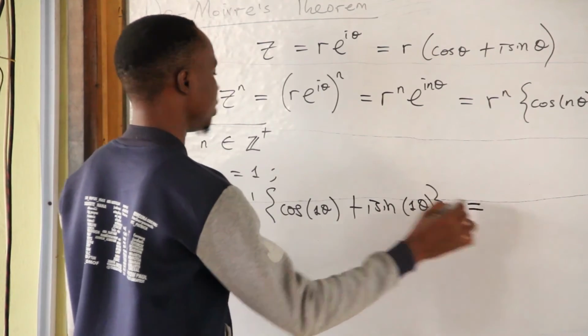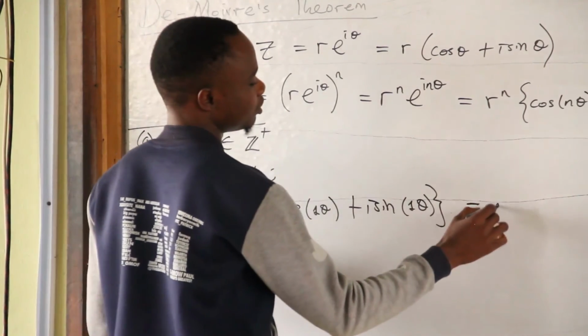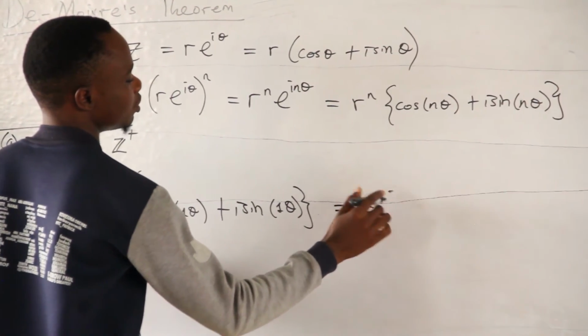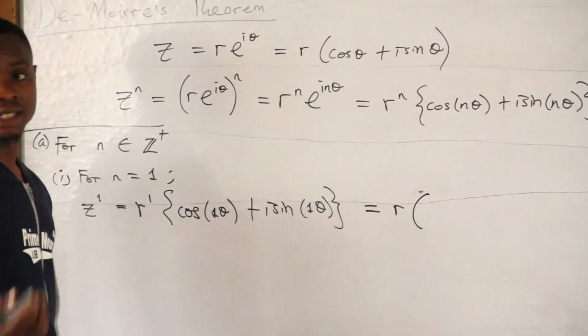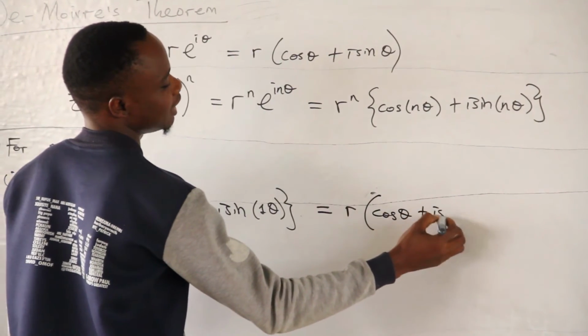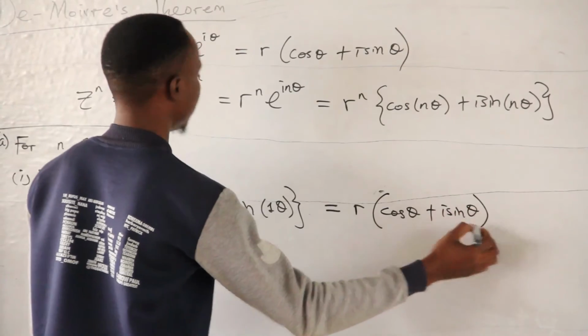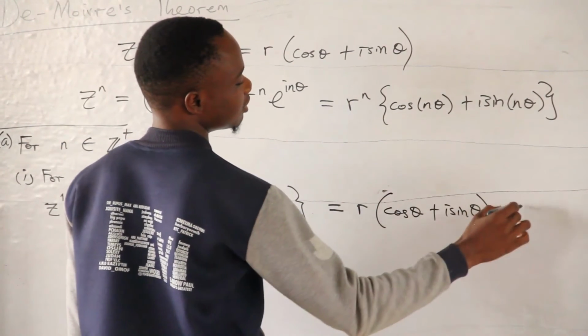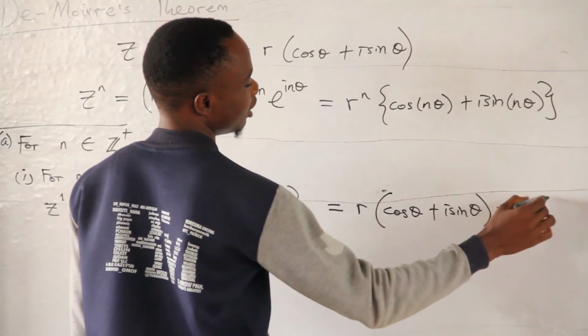Definitely this is going to be equal to R, since R to the power 1 is R, times cos theta plus i sine theta, which is written as R e raised to the power i theta.